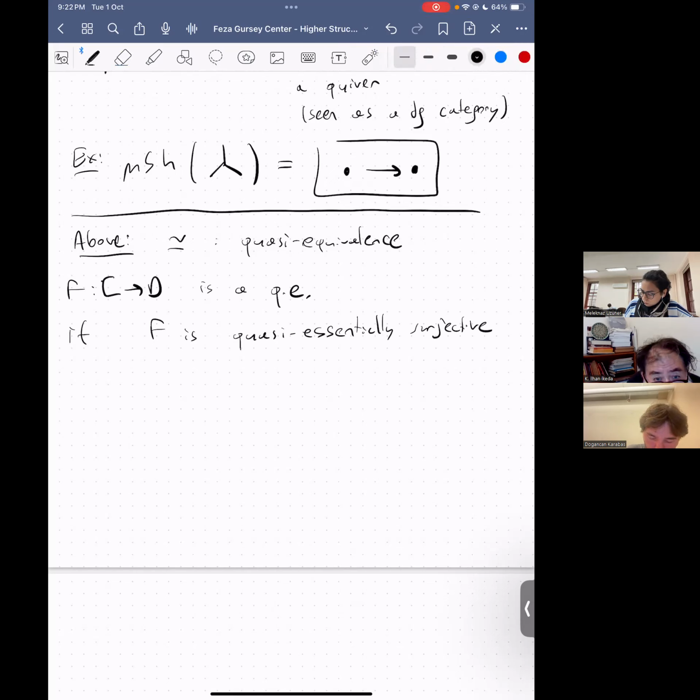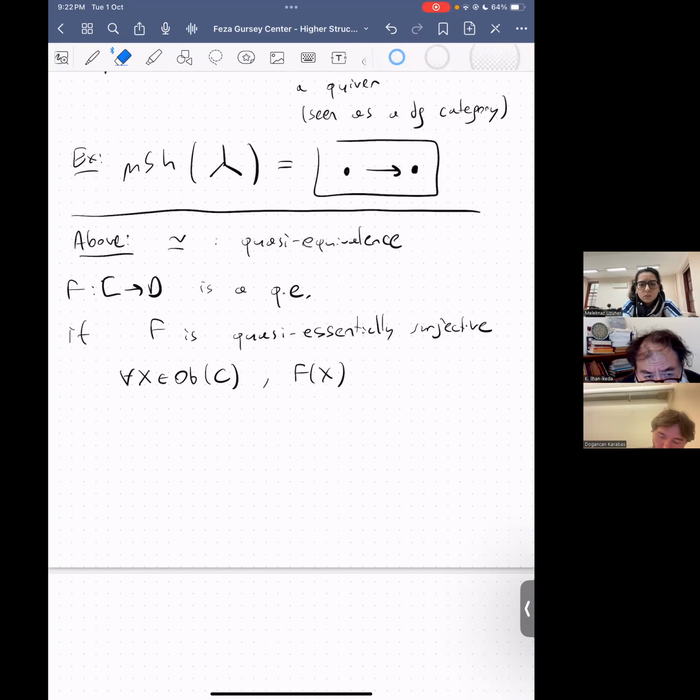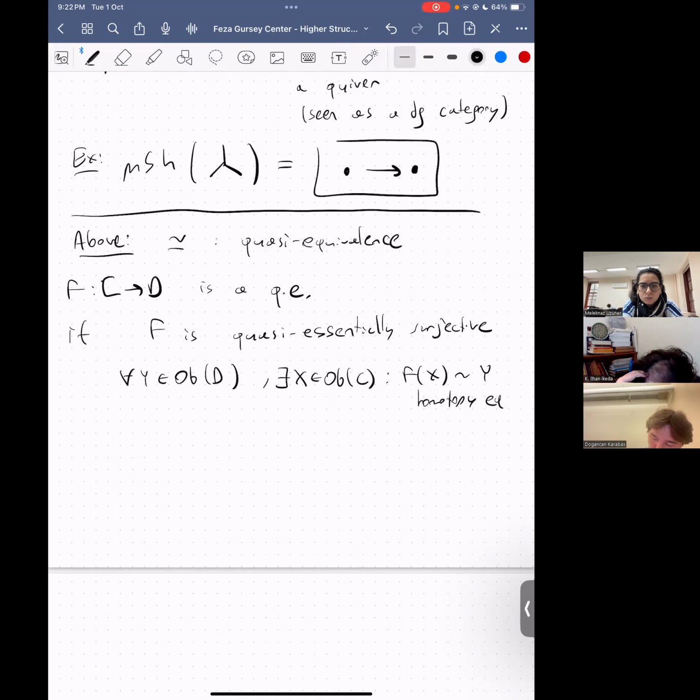That means for all objects Y in D, there exists an object X in C such that FX and Y are homotopy equivalent. They are isomorphic up to some differential. It's not a strict isomorphism.